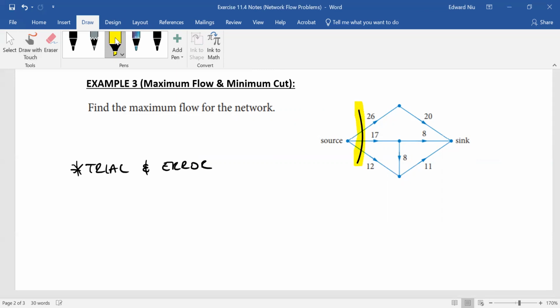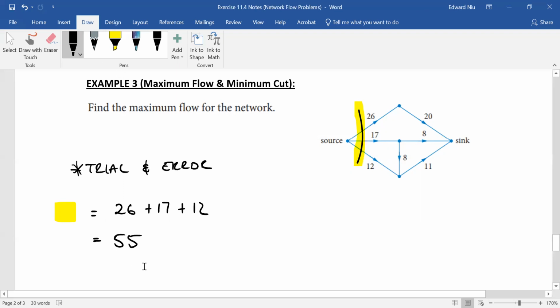If I were to just cut that, what we would get is 26 plus 17 plus 12. 26 plus 17, 33, 43 plus 12, 45, 55. And straight away, we can see that's definitely not it.